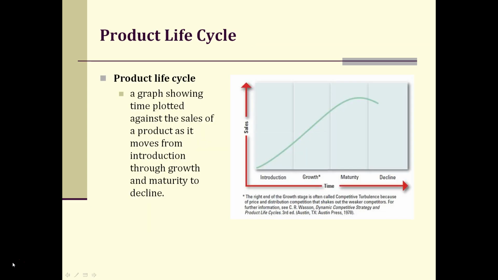As depicted in this following figure, the product life cycle is a graph showing time plotted against the sales of a product as it moves from introduction through growth and maturity to decline.